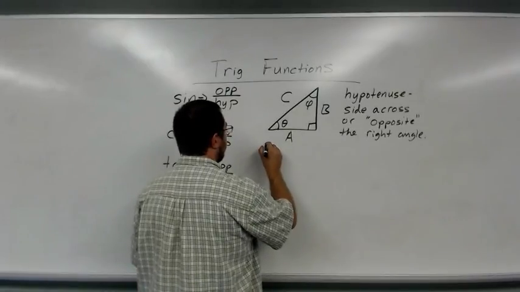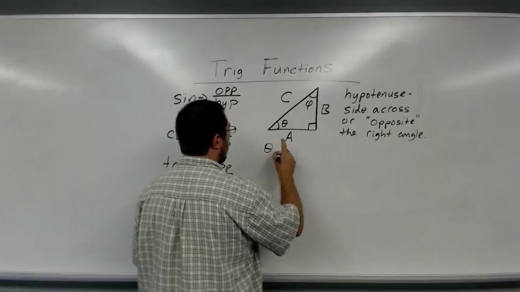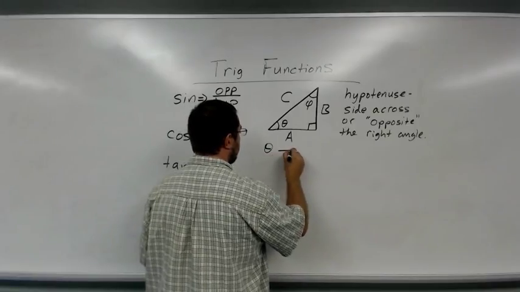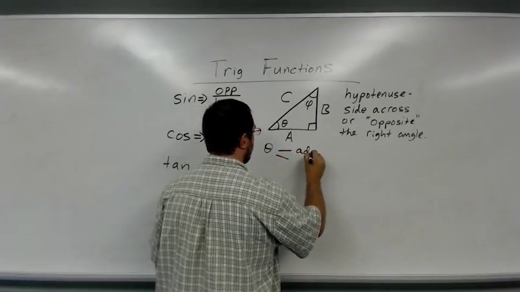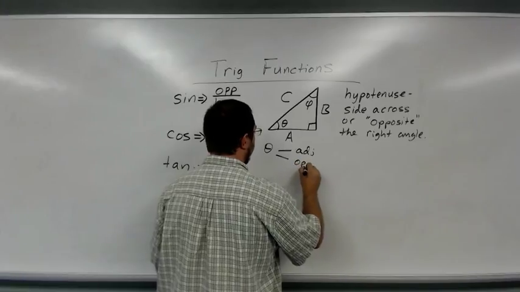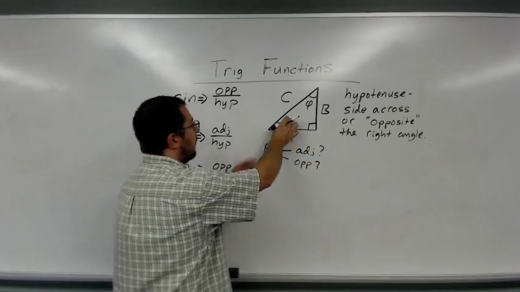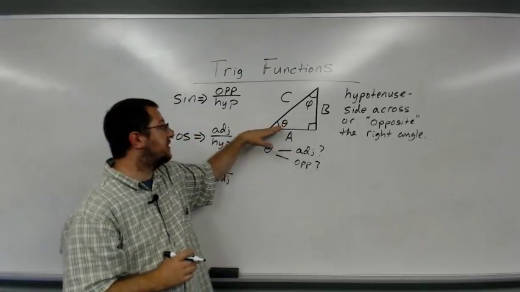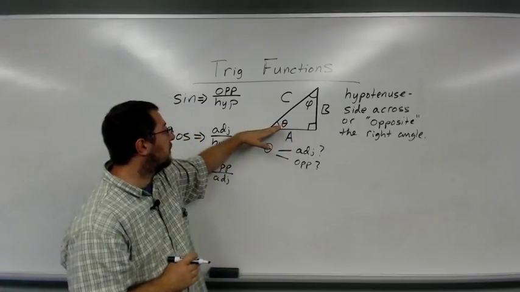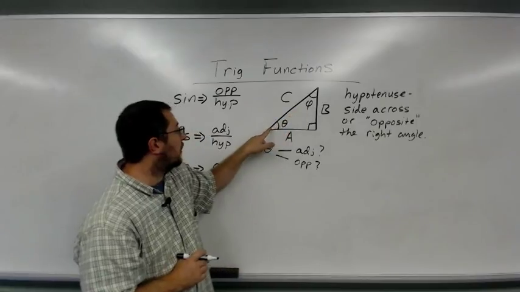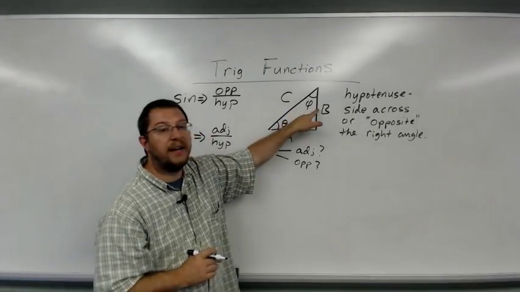So angle theta, what are the adjacent and opposite sides? So if I look at theta, the way to find the opposite side is just to draw a line starting from the angle and then the side that you hit.